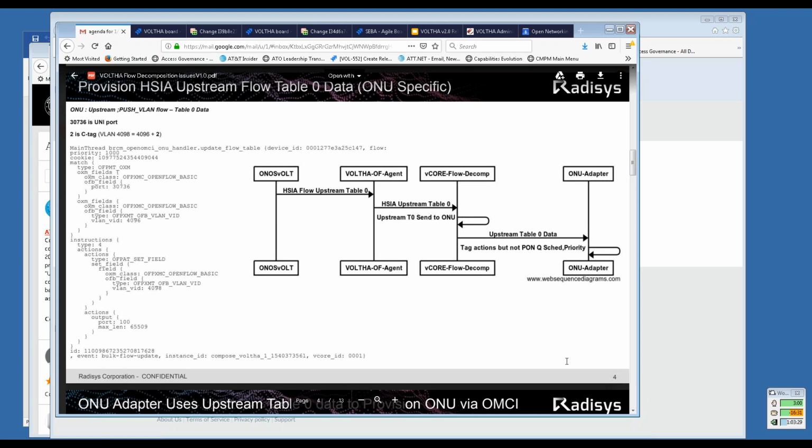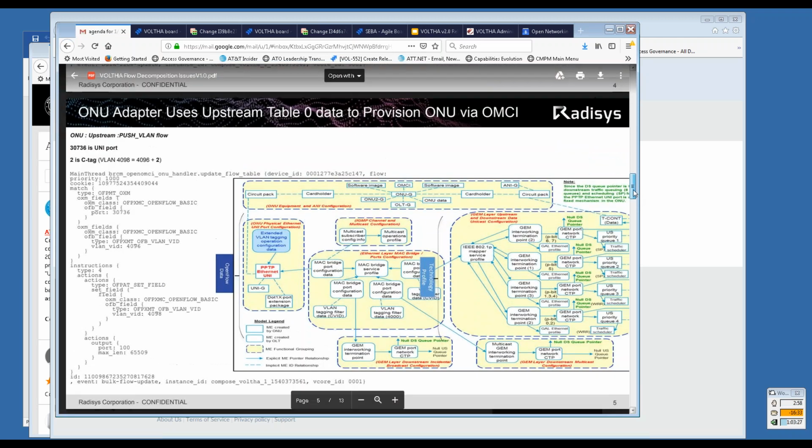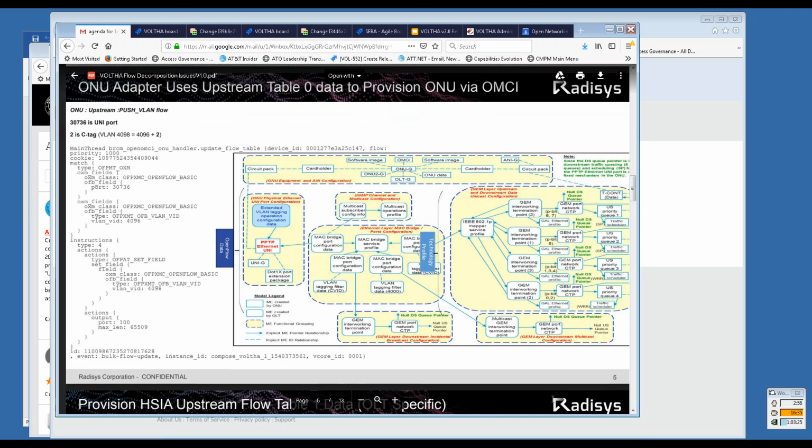If you go to the next page, this is showing how the ONU adapter would use the provisioning data to set up this high-speed internet access flow.